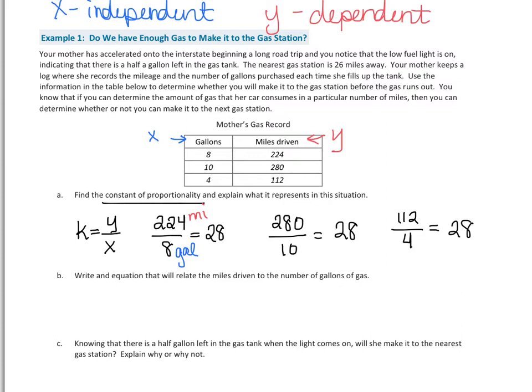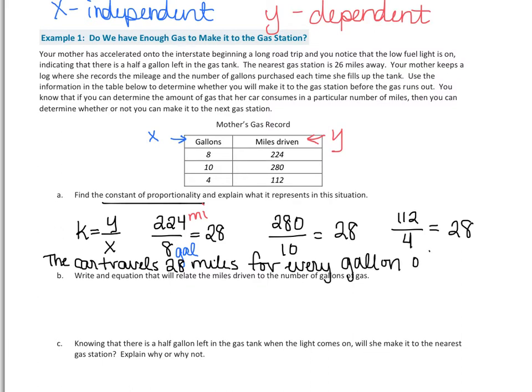So when we write down our explanation, you're going to want to write that the car travels 28 miles for every gallon of gas, for every 1 gallon of gas. This is also known as 28 MPGs, miles per gallon. It's fairly decent fuel economy.